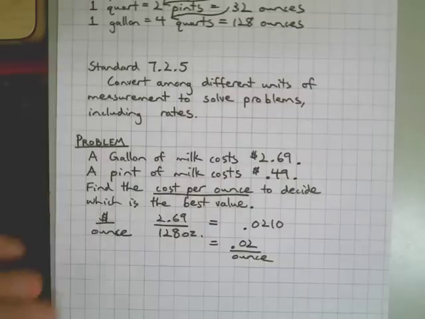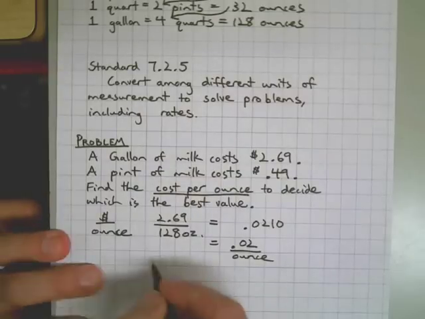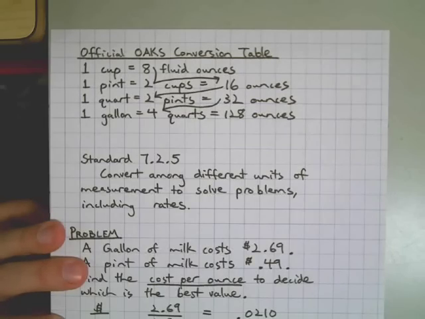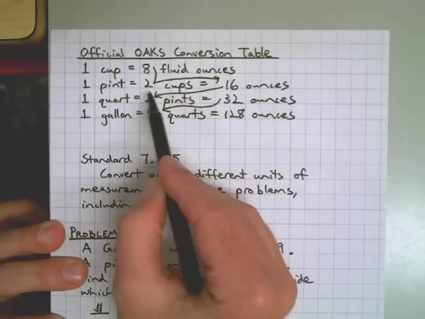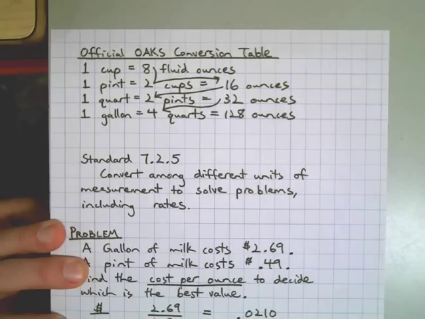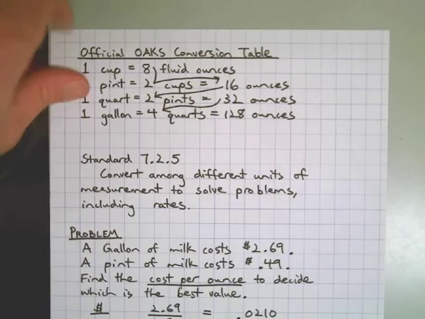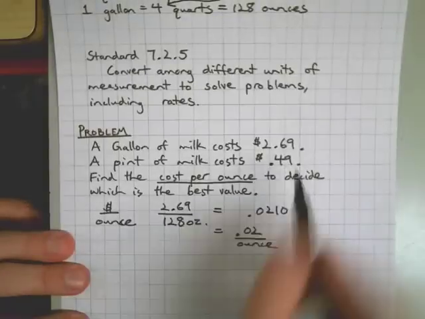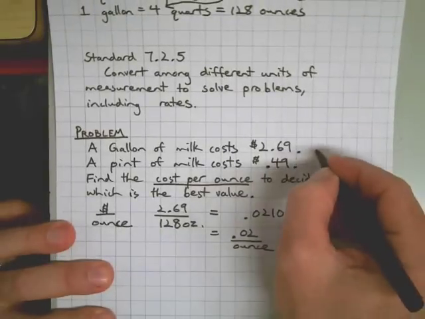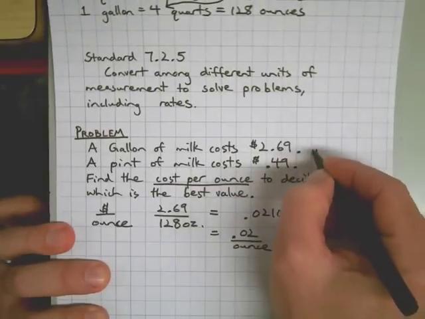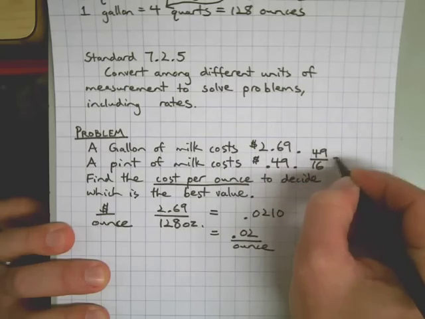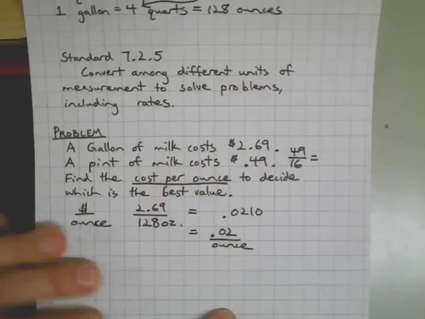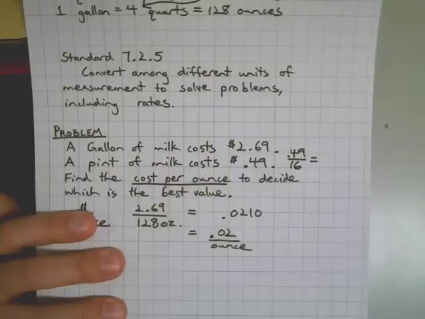Okay, now let's deal with pints. If we know that a pint, back up to our table, we figured out that a pint is 16 ounces based on the fact that 2 cups are in 1 pint and each cup is 8 ounces. So we come down here, a pint, the cost per ounce, 49 cents, 16 ounces.